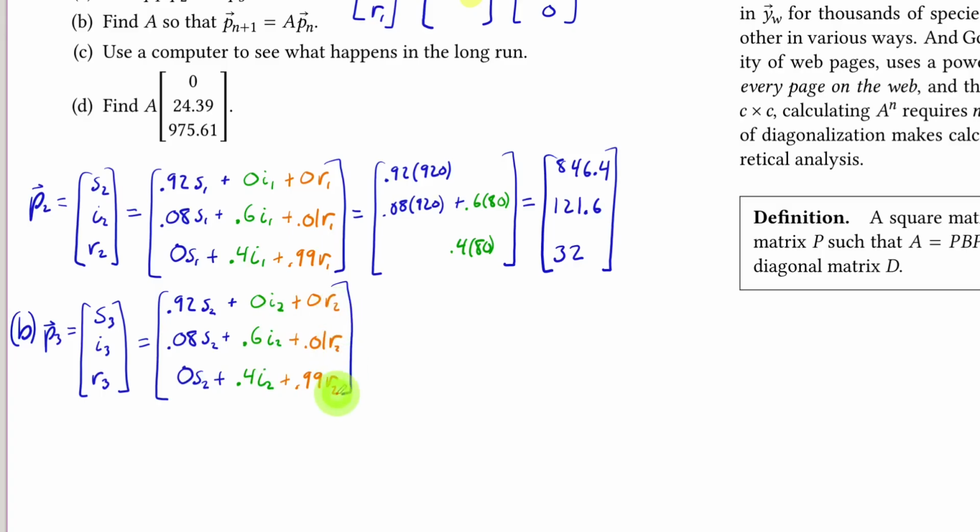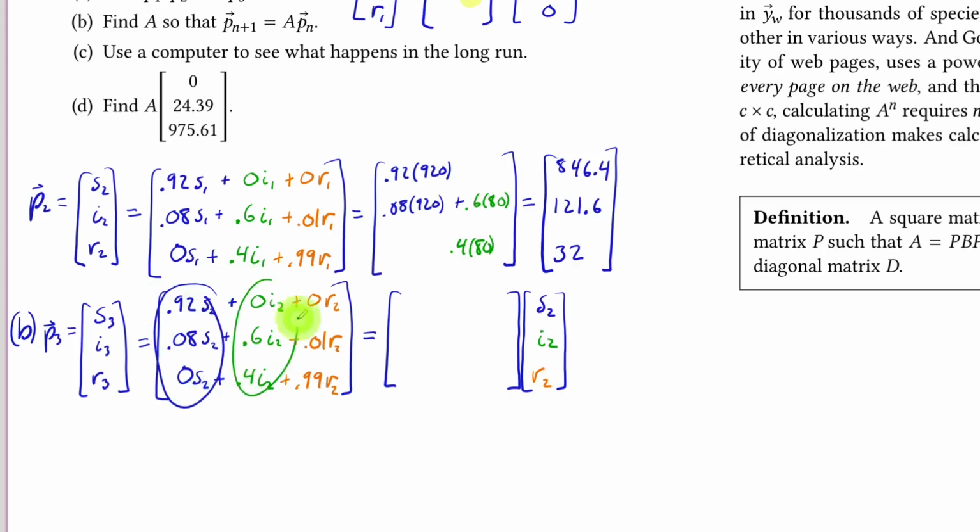And so how can we think of this as a matrix that we multiply by the vector S2, I2, and R2 is the goal? Well, it looks like we're doing a linear combination of these three vectors here.